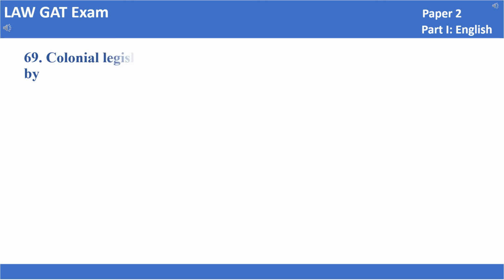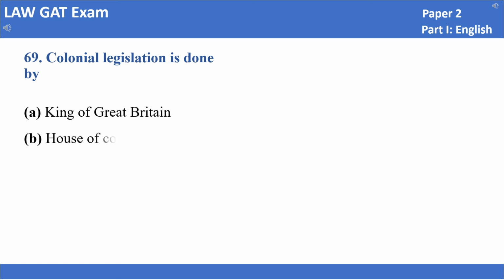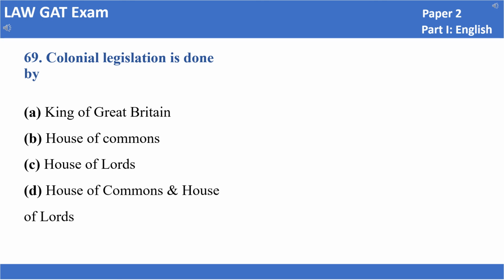Colonial legislation is done by option A, King of Great Britain, option B, House of Commons, option C, House of Lords, or is it option D, House of Commons and House of Lords? The correct answer is option A, King of Great Britain.